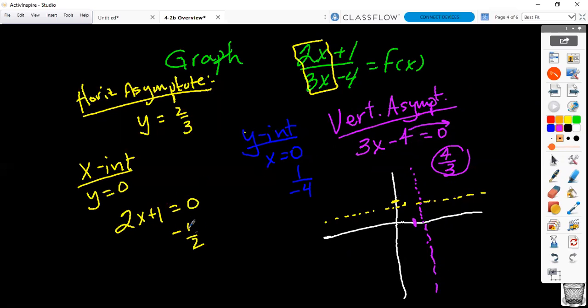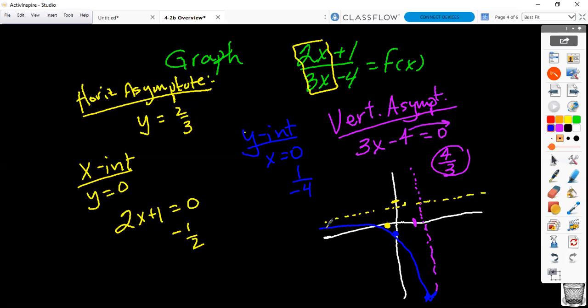I've got an x-intercept at -1/2, and a y-intercept at -1/4. And so that is just helping me to know that one of my pieces of the graph is sort of like in here.